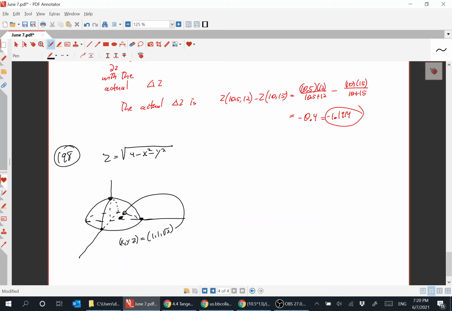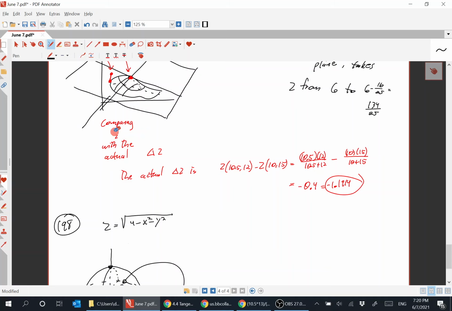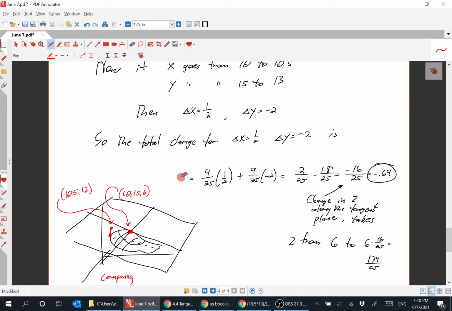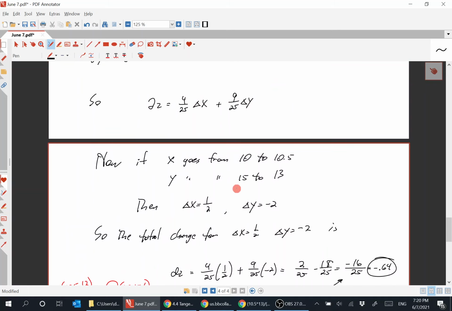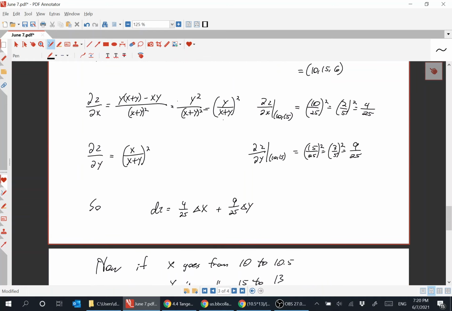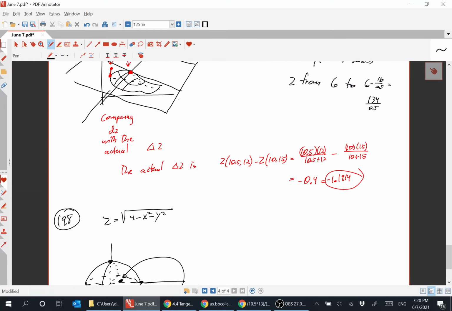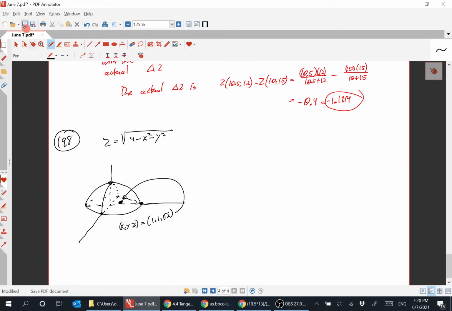So we're going to calculate the total differential and then approximate the change in z. I guess they're using just dz rather than this del thing. So calculate that total differential for those given changes of x and y.